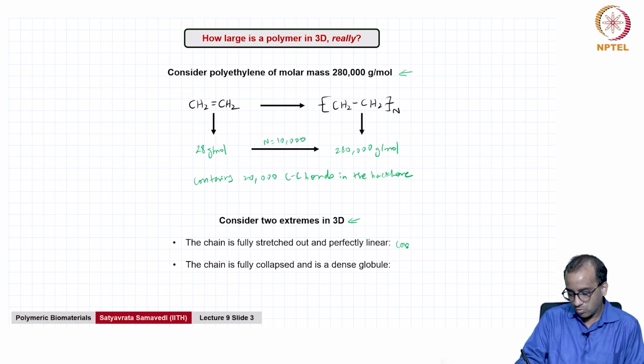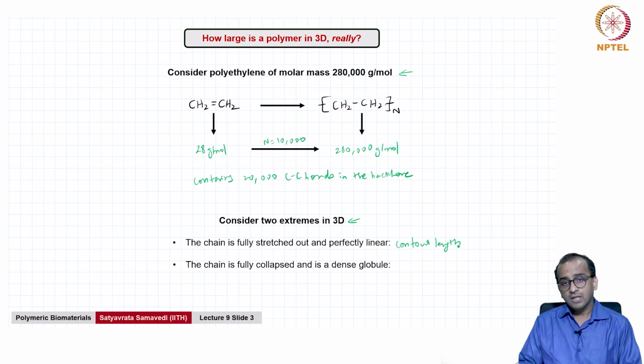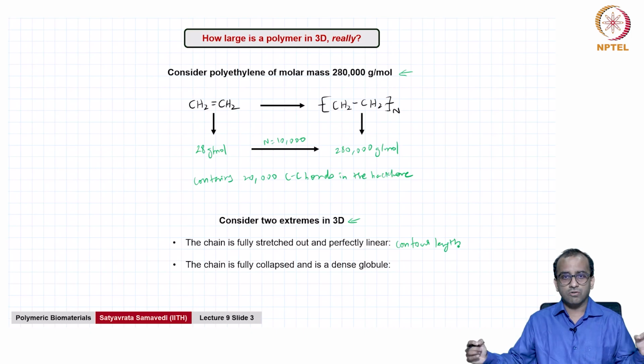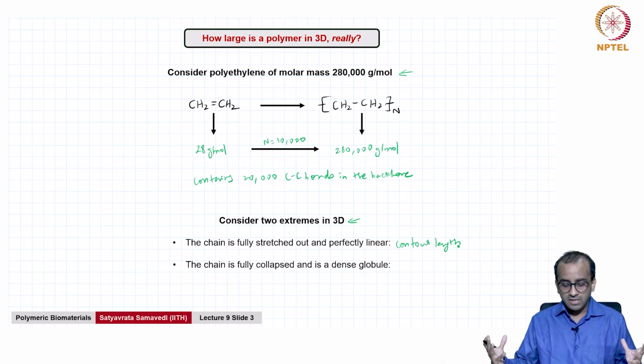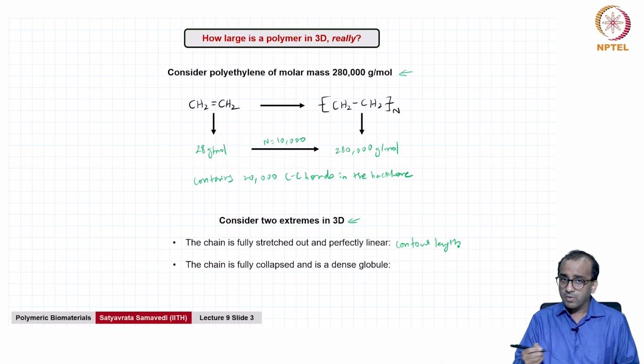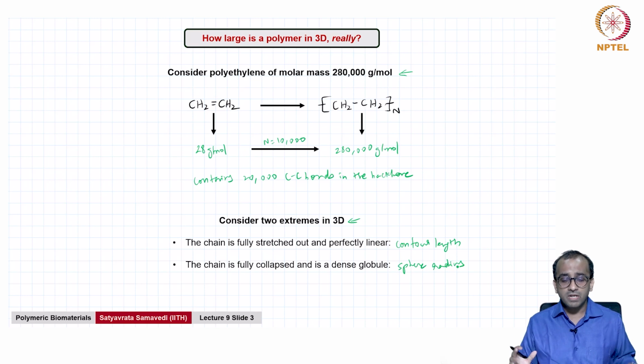That would be what we would call the contour length, which is this chain fully stretched out from end to end. The other extreme is, the chain is completely collapsed and forms a dense globule, where you can now approximate it as a sphere and you can talk about an equivalent sphere radius. So, these would be considered the two extremes for this.